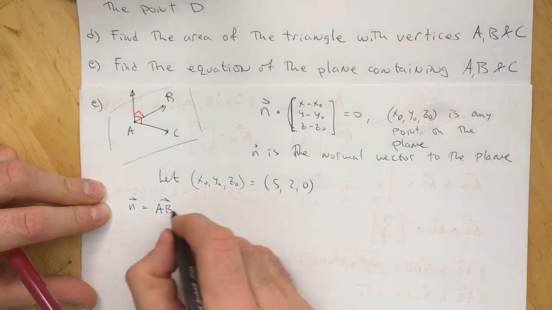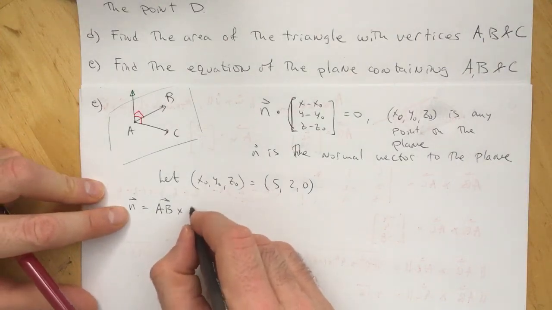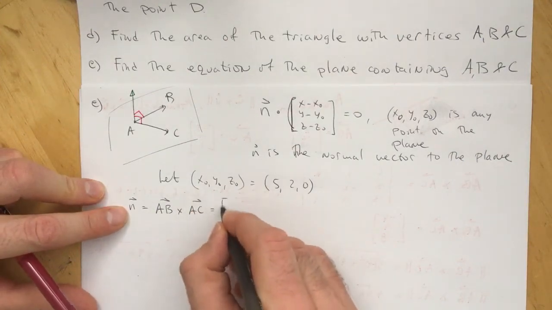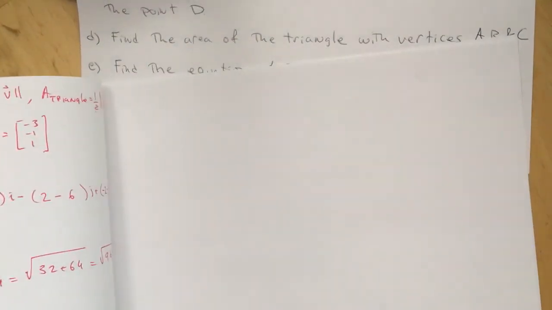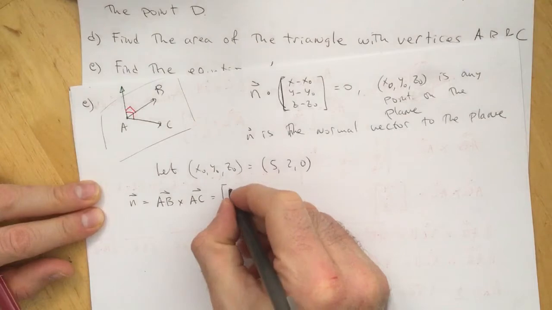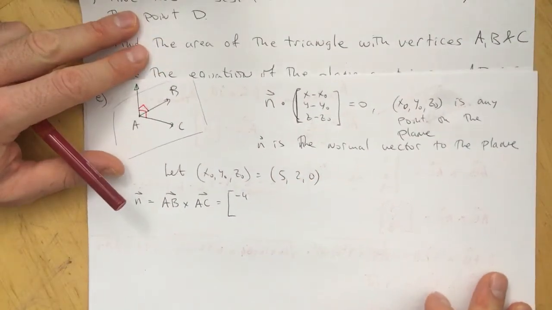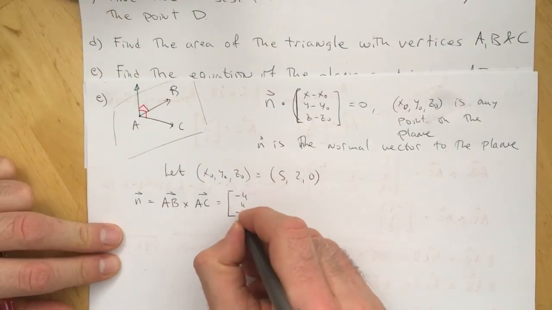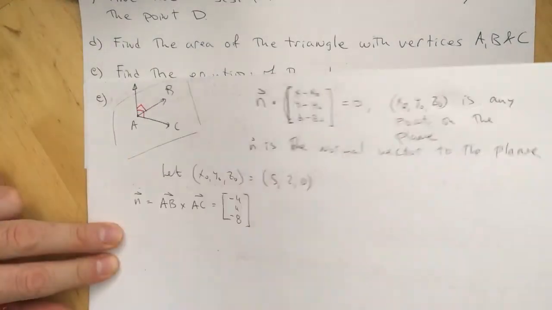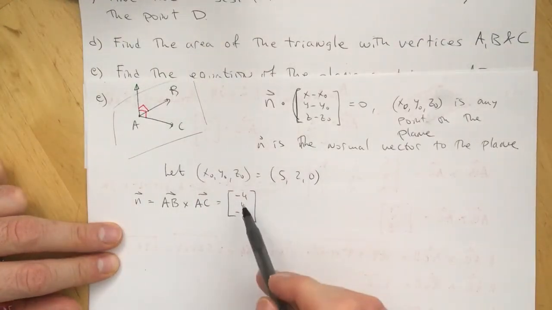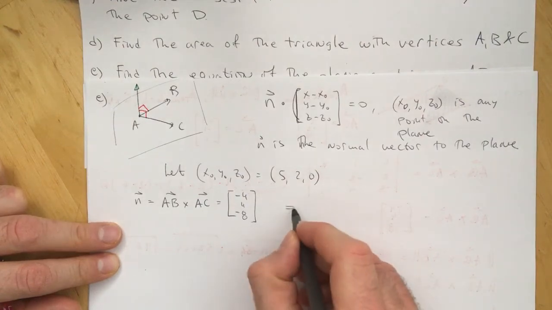that will give us the normal vector, AB cross product AC, but this was already calculated in the previous problem. That was -4, 4, and -8. So there you go. I have a point and I have a vector normal to the plane.